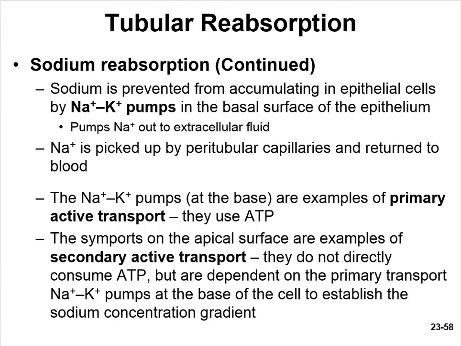The sodium-potassium pumps at the bases are examples of primary active transport because they're using ATP, but the symports on the apical surface are examples of secondary active transport. They're not really using ATP, but are dependent on those primary transport sodium-potassium pumps at the base of the cell to establish that sodium concentration gradient.